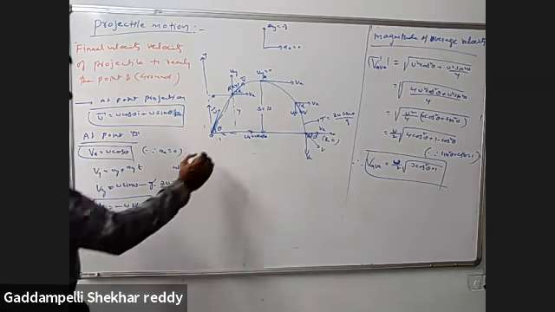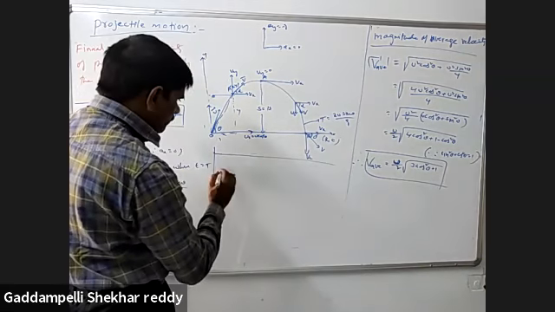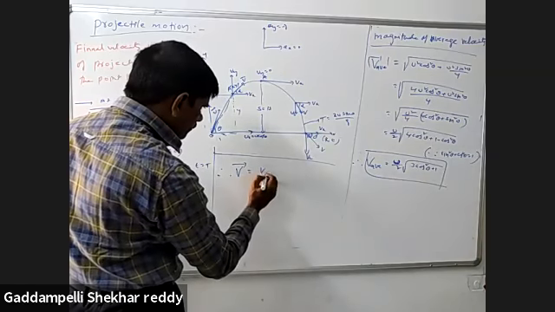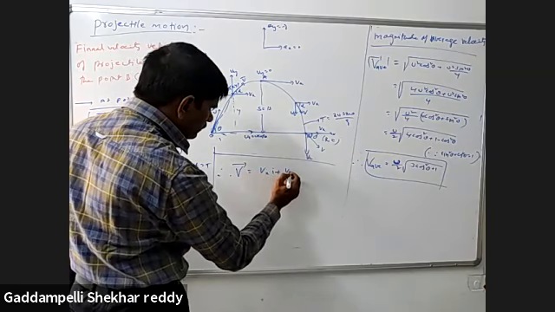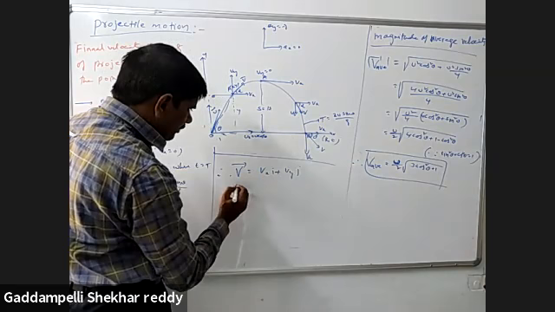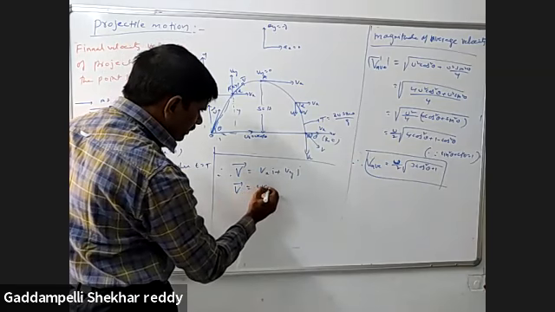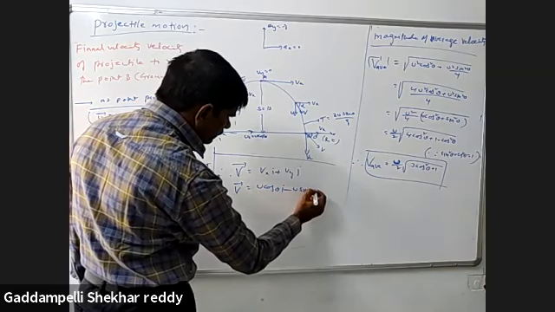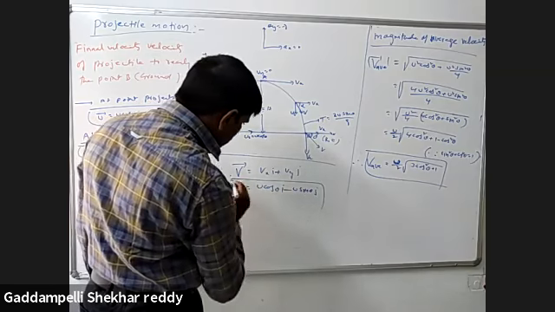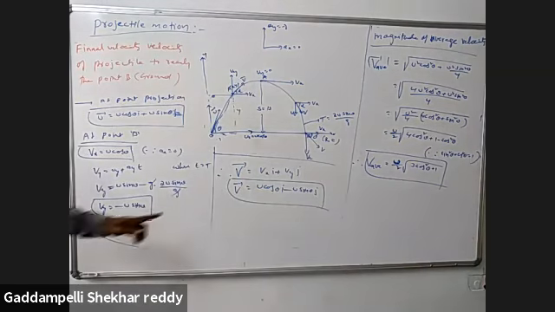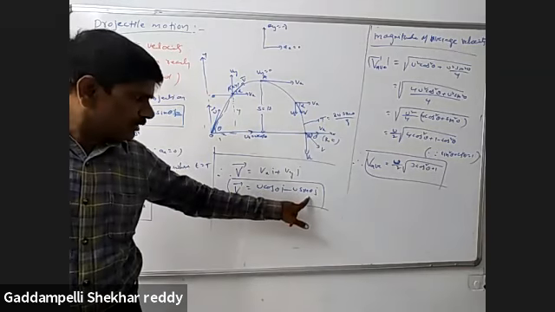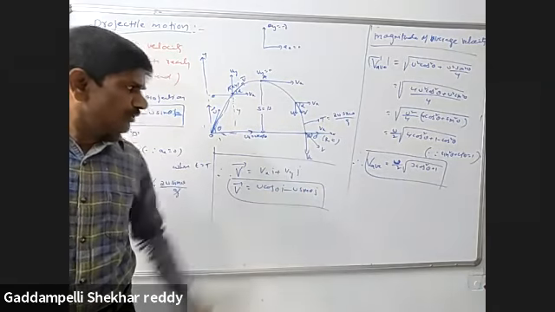So at this point, V1 is equal to Vx i plus Vy j, that is u cos theta i minus u sin theta j. So what you are observing here: the horizontal velocity remains constant, only the vertical velocity changes. At the point of projection, the vertical velocity is plus u sin theta; on reaching the ground, it is minus u sin theta.